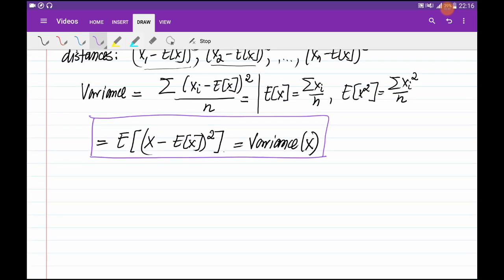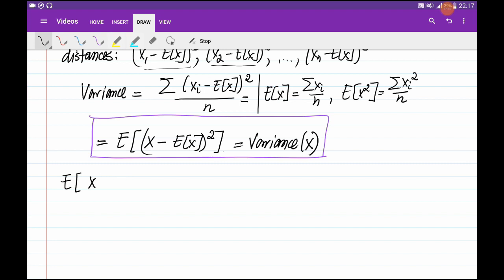Even though by definition the variance is equal to this formula, it is really difficult to evaluate the variance using just this formula. The idea is to figure out a simplified version of this formula using the properties of the expectation. So I will open up this bracket. What is the expectation of (x minus E of x) squared?